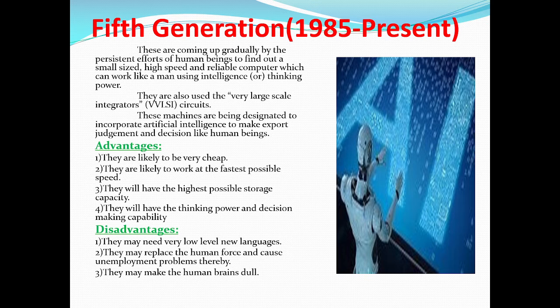These machines were mainly designed to incorporate artificial intelligence to make expert judgments and decisions as a human being can do naturally. The advantages are that they are very cheap, work at the fastest possible speed, and have the highest possible storage capacity. And the major advantage is that the system has thinking power and decision making capability.